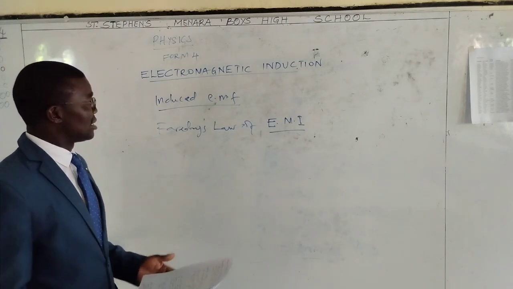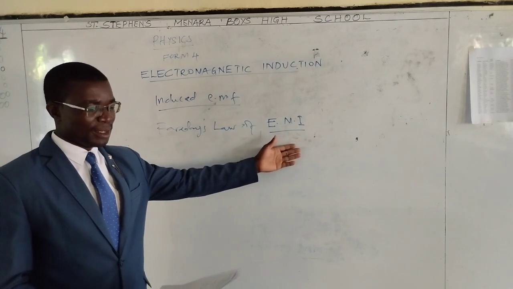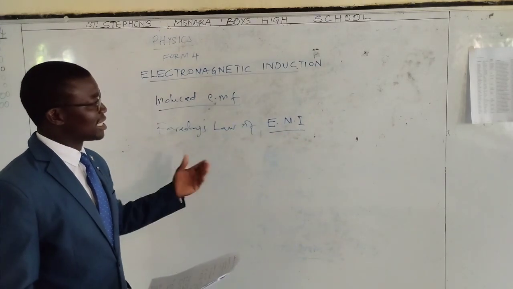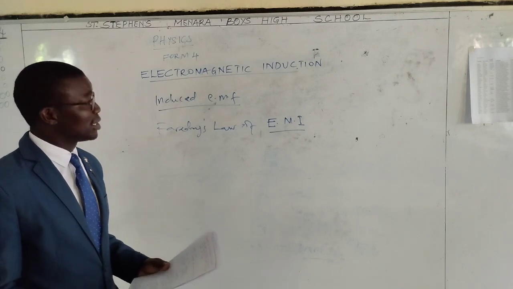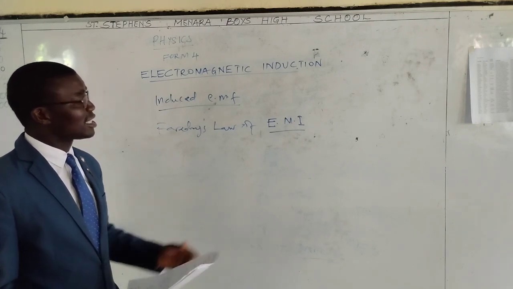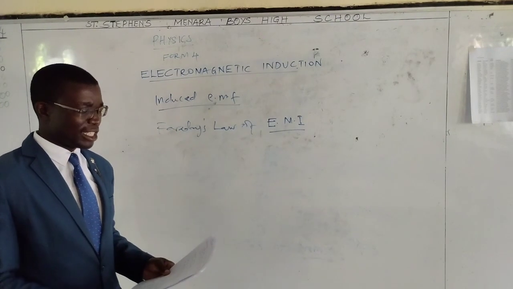So that is the statement of Faraday's law of electromagnetic induction. Again, I repeat, it states that the magnitude of induced EMF is proportional to the rate of change of magnetic flux linkage.